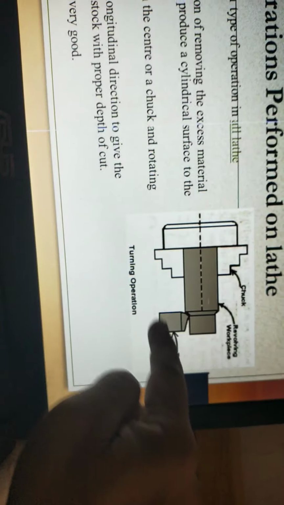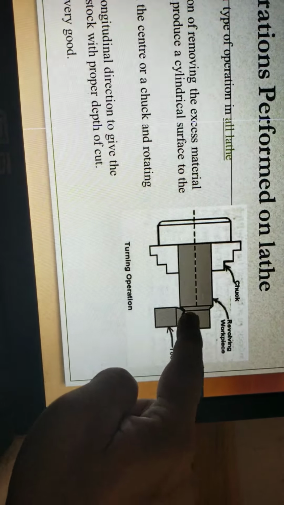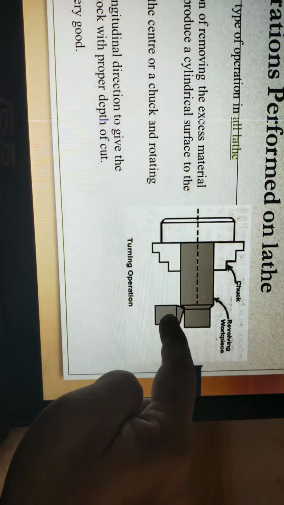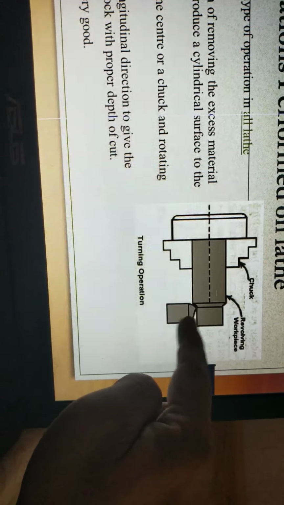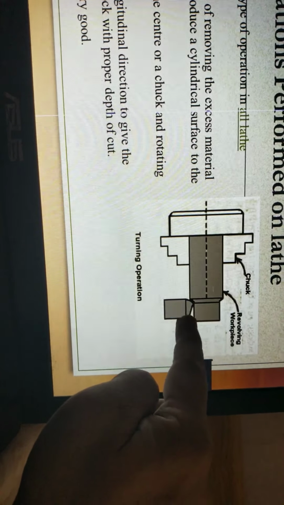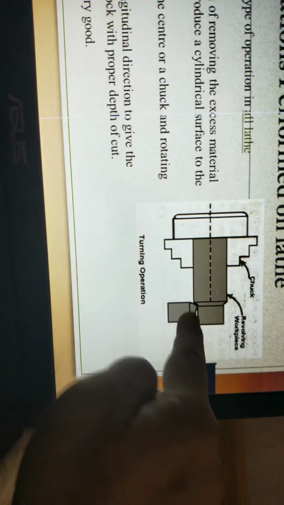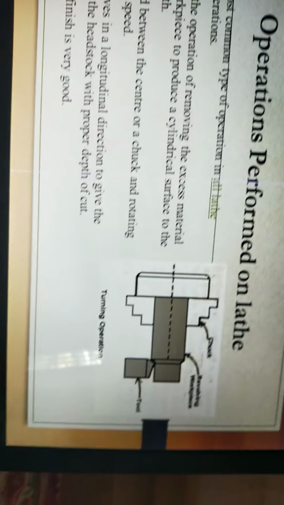Along the axis of the workpiece, this tool has a movement, and for turning operations we are giving this longitudinal direction. For giving depth of cut, we will move the tool in the transverse direction. Transverse means towards the material, and longitudinal means along the axis of the workpiece.